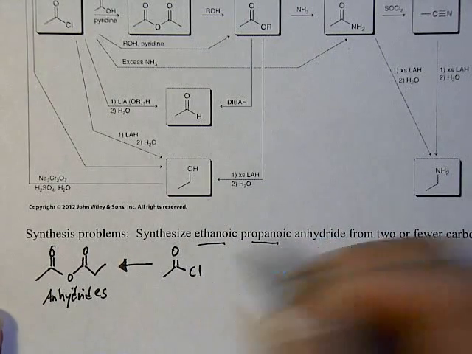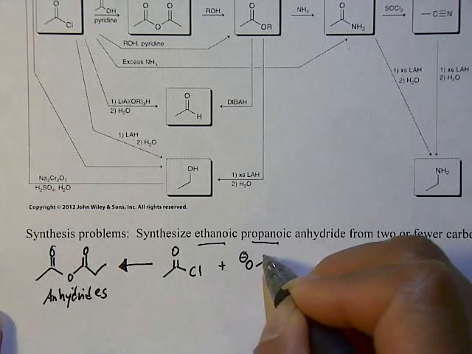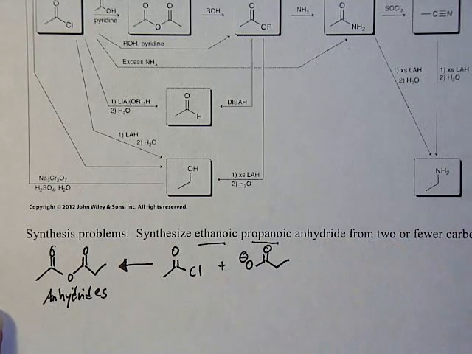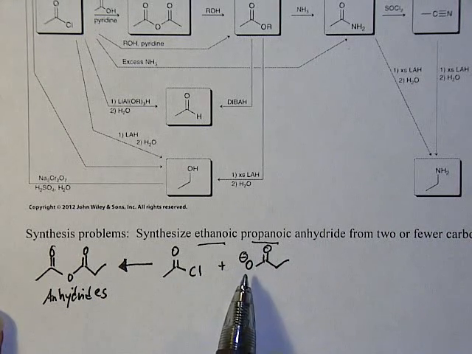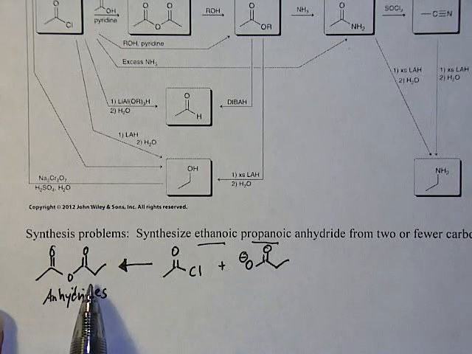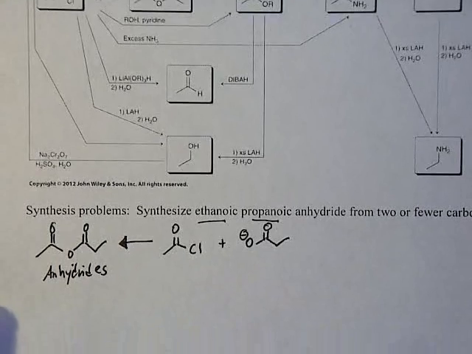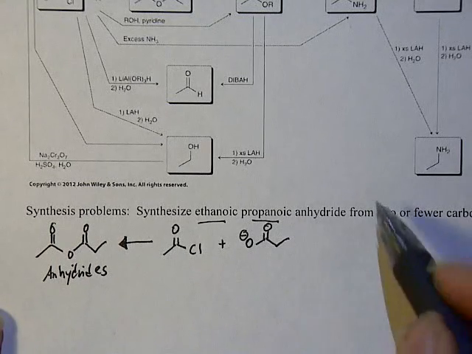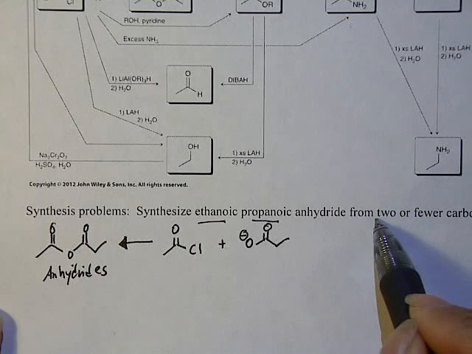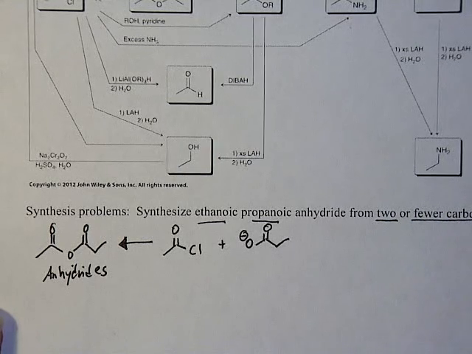So we will have this acid chloride and this alkoxide, because you need a nucleophile to make the anhydride, right? So then this makes the anhydride, and then this basically becomes two new synthesis problems, all right? Until you've satisfied the limitation, which is 2 or fewer carbons with the oxidation level of 1.